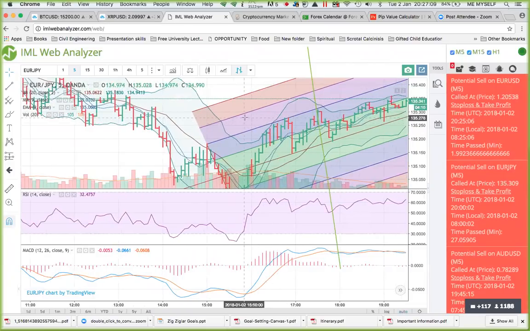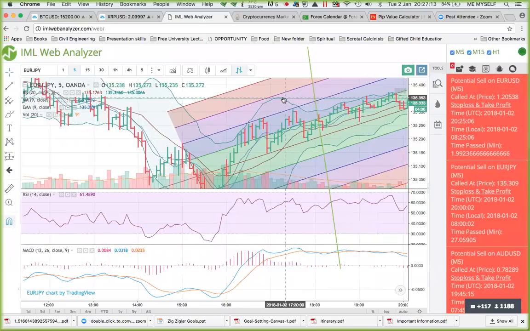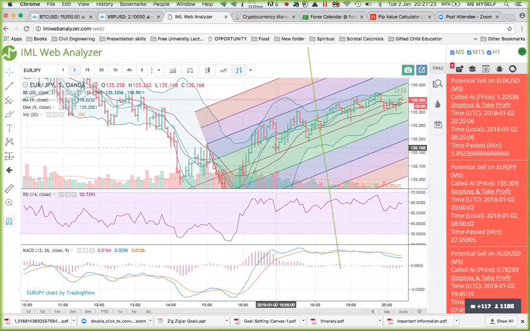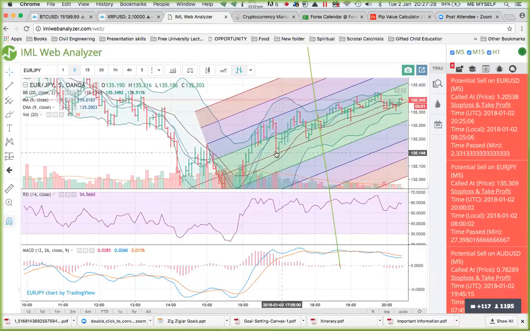Well, you've got to also look for your confirmations as well. And to be fair, in upward facing forks, you shouldn't really look for sells at the top. You should look for sells possibly at the median here or at the bottom. So say, for example, at this median line here, that would have been a good buy.